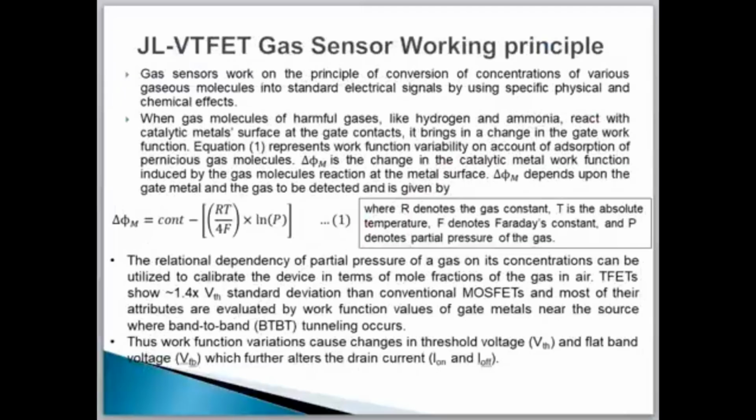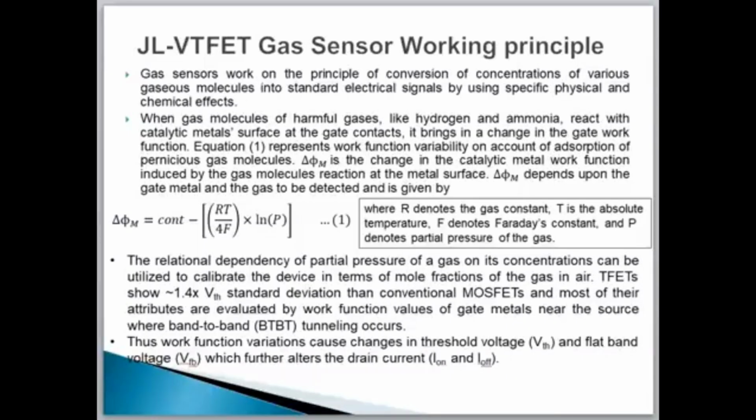Next is the junctionless vertical tunnel field effect transistor GaN sensor working principle. The GaN sensor works on the principle of conversion of concentrations of various gaseous molecules into a standard electrical signal by using specific physical and chemical effects.